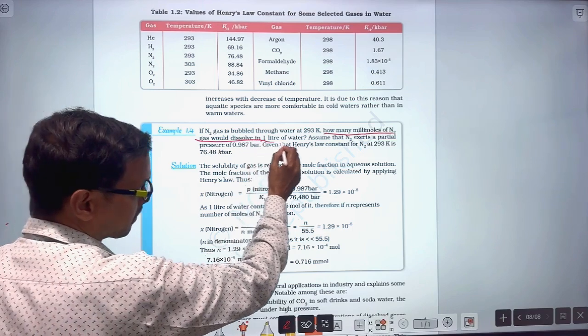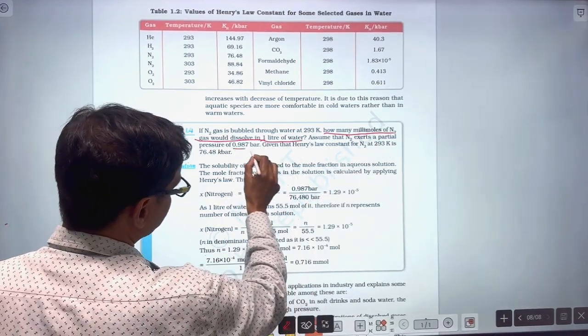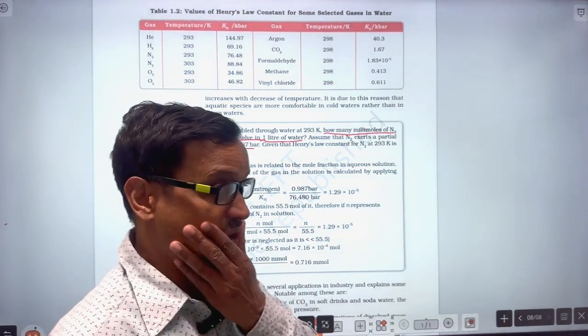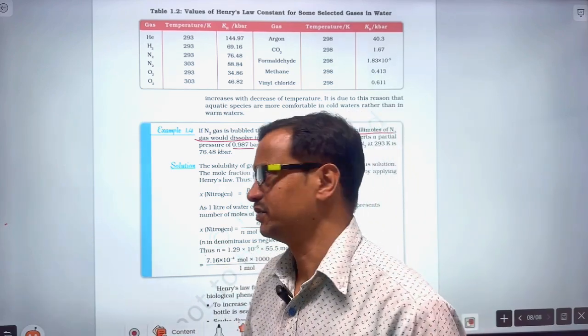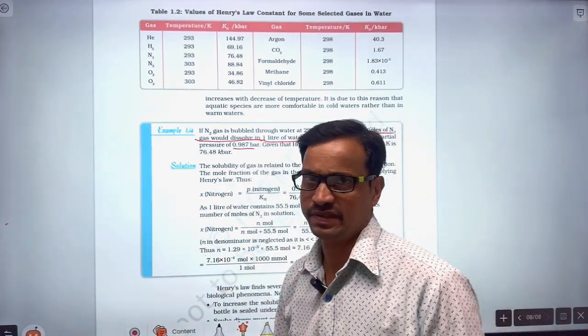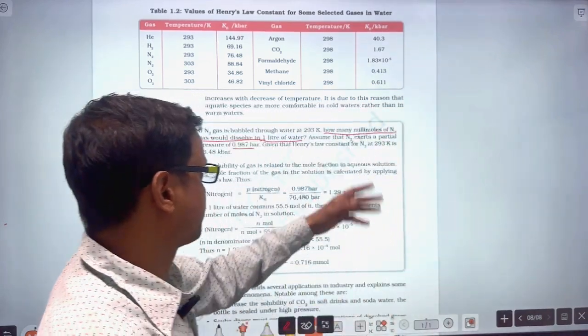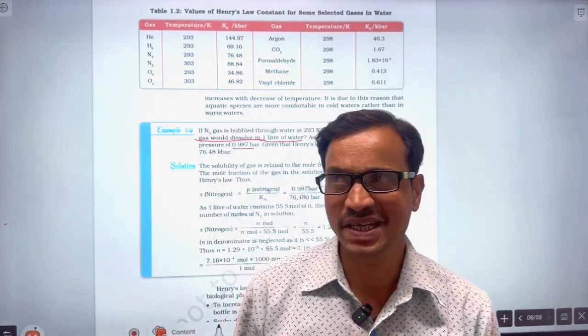It is asking how many millimoles of nitrogen will be present in the solution. Here it is 1 liter of water and the partial pressure of nitrogen is 0.987 bar. That means the only pressure exerted by the nitrogen is 0.987 bar, and the volume of the solution is 1 liter. It is asking for the number of moles of nitrogen in terms of millimoles.